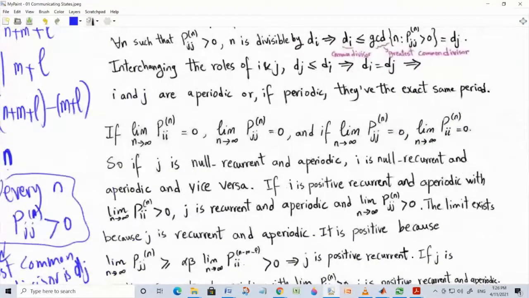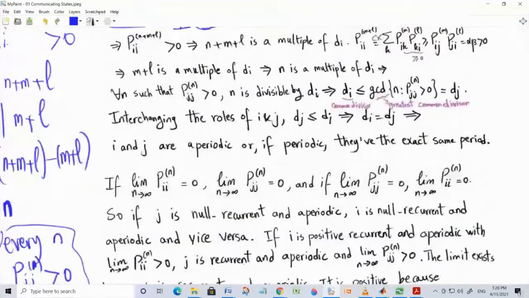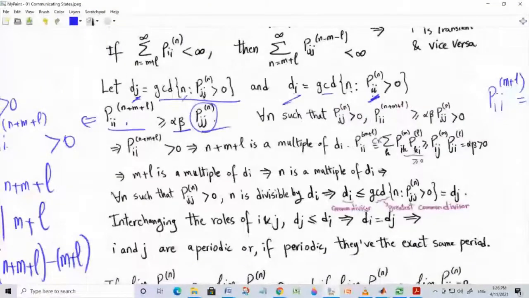The idea of the proof is to take the set of time instances for which b_jj is strictly positive. There are instances of time at which p_ii is lower bounded by the product of a positive quantity and b_jj of n.